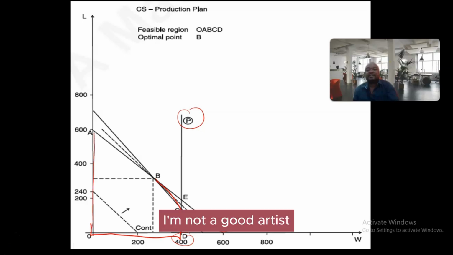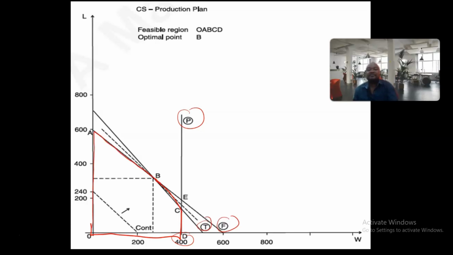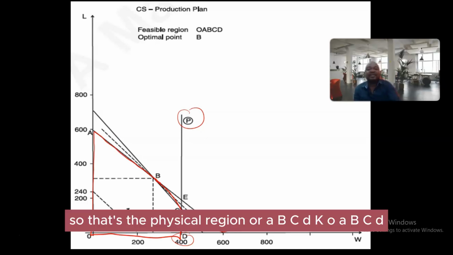Okay, so that's the feasible region, or A, B, C, D.